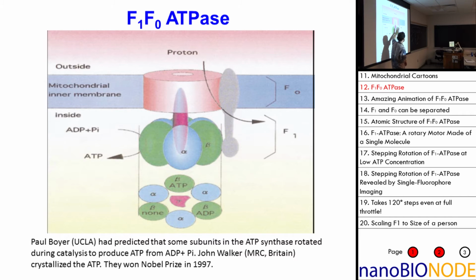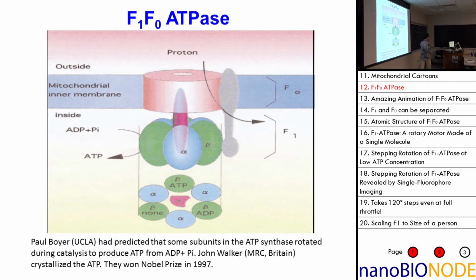It's going to release some energy. It's going to cause the F1 to rotate. And the F1 corresponds to 3 alphas and 3 betas. And it has a central stalk that is doing sort of the mixing. And it actually goes from here to here to here.